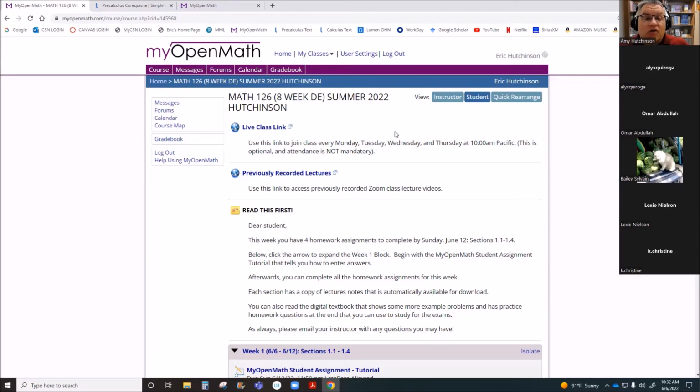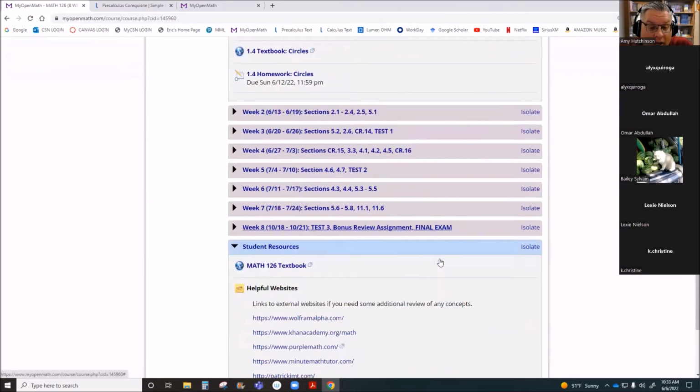Again, all official announcements for this course are going to use Canvas. When you turn in your written work for the exams, then you can use Canvas as well. Again, I do not require any work for the homework problems at all. So just the exams only, the test 1, 2, 3, and the final exam, I require written work to be shown for that. Otherwise, you just do the homework online and submit it, and that's how you'll do that.